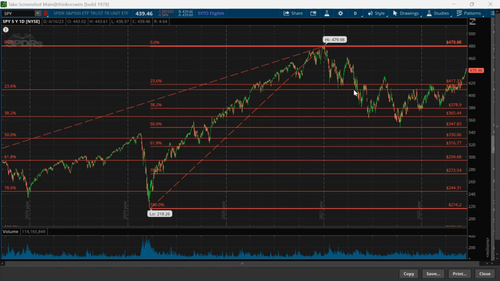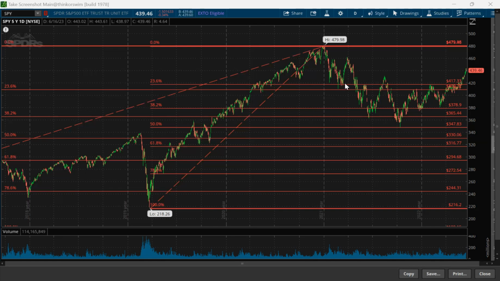What is interesting is you take a look at some of the support levels or resistance levels. As it's going down, as they were touching off the 23% retracement or the 38% retracement, these would be support levels. And you can see that we had serious support as the bear market was starting to take hold on the 23% retracement of the COVID fib sequence and the 23% retracement of the 2015.